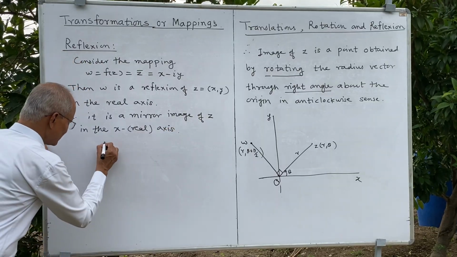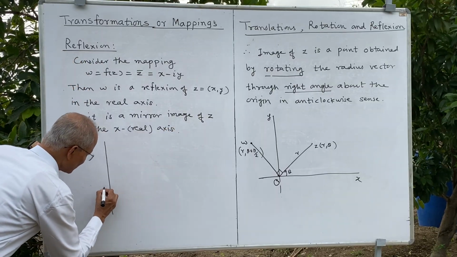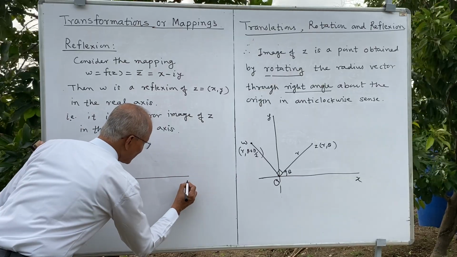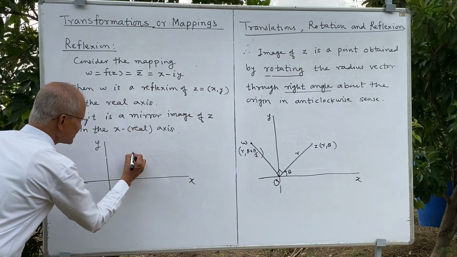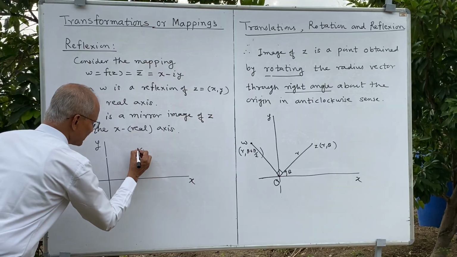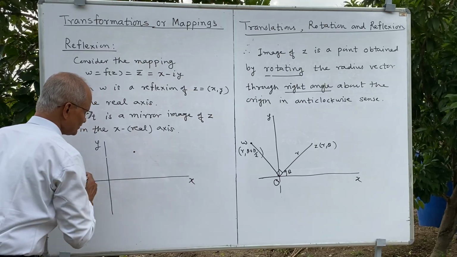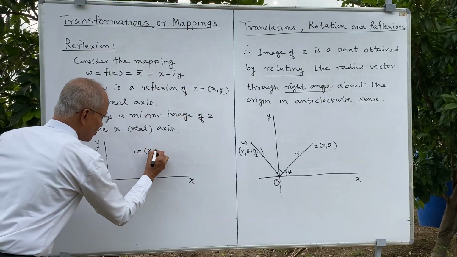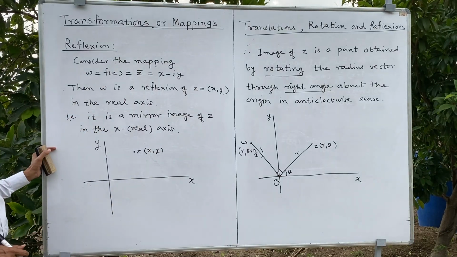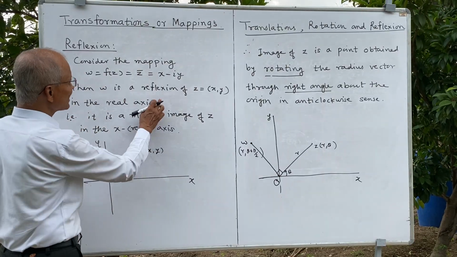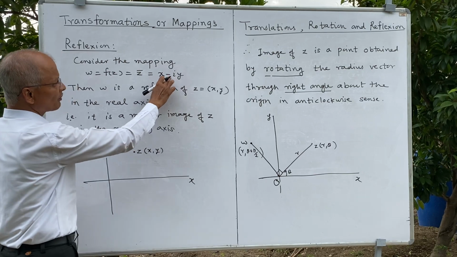And see, it is easy to consider the figure. Suppose this is the point z, having coordinates x y, and we know z bar is x minus iy, the complex conjugate.